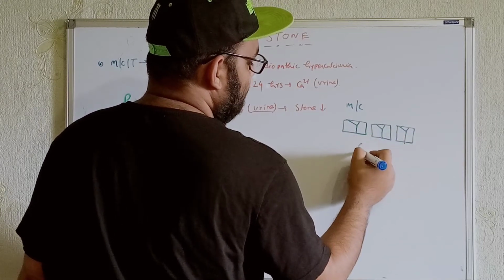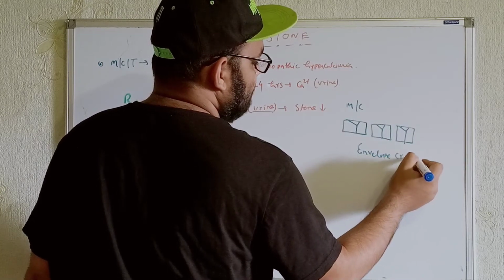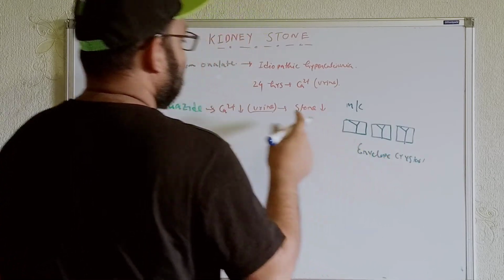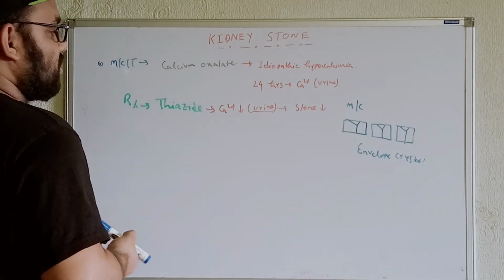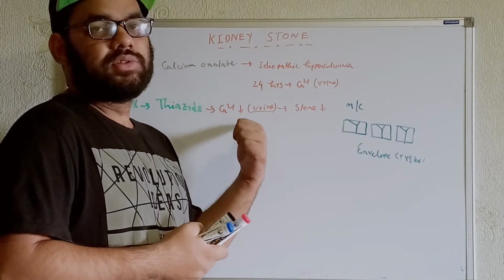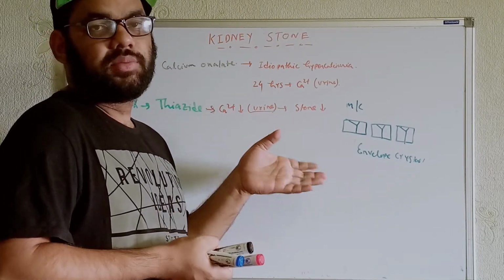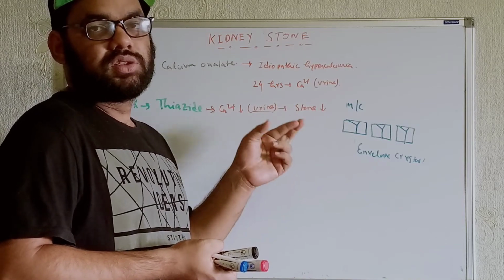These are known as envelope crystals. So this type of shape we will get in calcium oxalate stones. We have to use thiazide, because thiazide will reduce the load of calcium on the renal tubules. So there will be less chance for the calcium to get precipitated over there, and less chance for the formation of the stone.